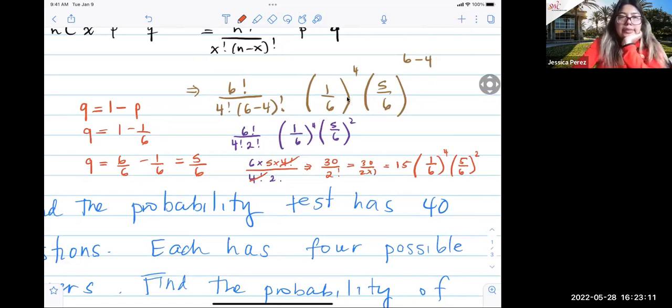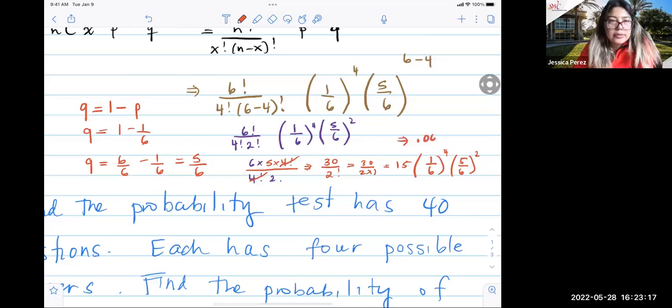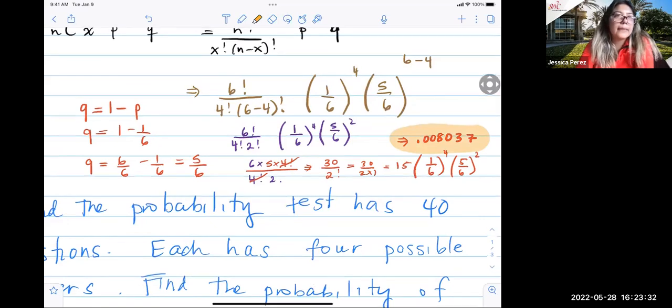And then you're going to end up with the decimal 0.008037. So this is your answer. This is your solution. So that's the solution you'll get when doing that Bernoulli.